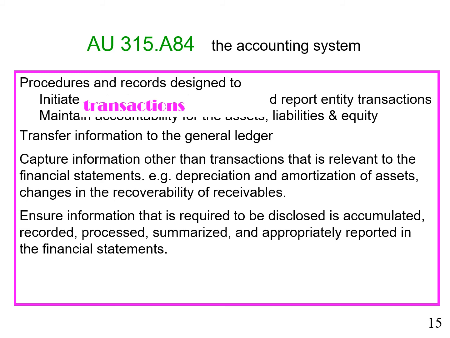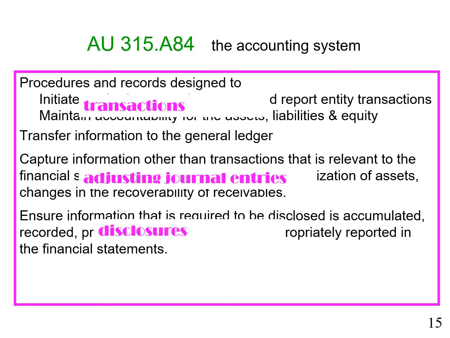How do we transfer that information to the general ledger? We also need to capture information that's relevant to the financial statements, such as depreciation, amortization, changes in recoverability. For the most part, these are our adjusting journal entries. And finally, ensure that information is captured that needs to be disclosed. So a big thing is, how do we capture the information that's required for the financial statement disclosures?